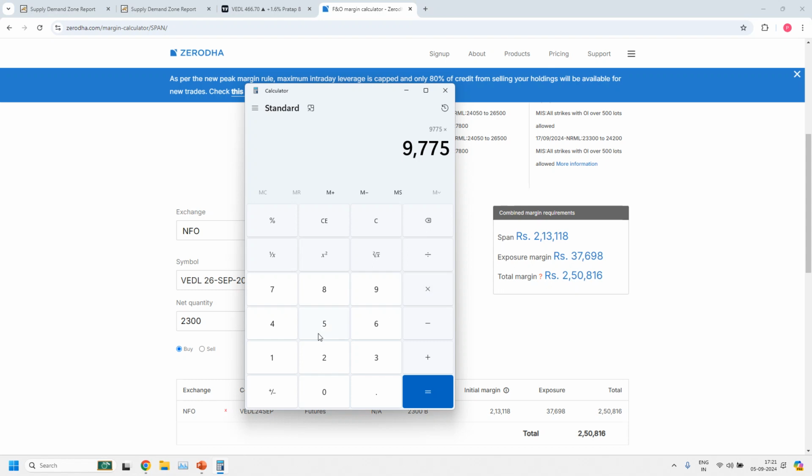So into 100 divided by, I am calculating ROI. Divided by 2,50,500 rupees, which could have been your future margin approximately. I'm doing approximate; maybe you may see some 100 or 200 rupees higher or lower. That doesn't make any difference for our calculations. So you would have got 3.9% ROI.